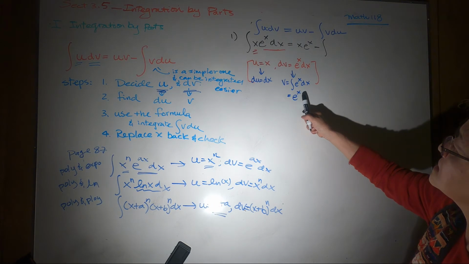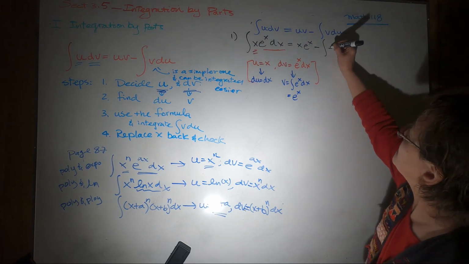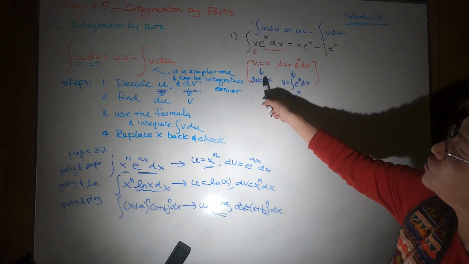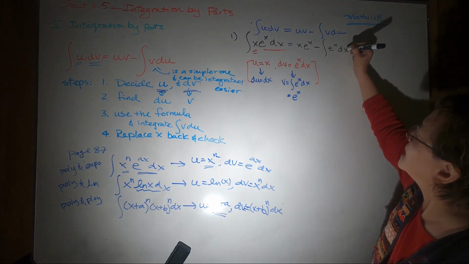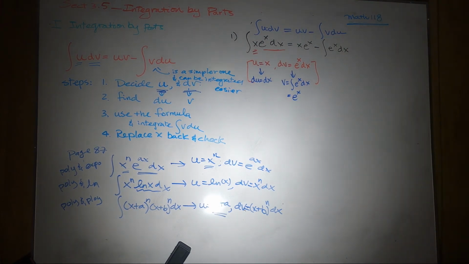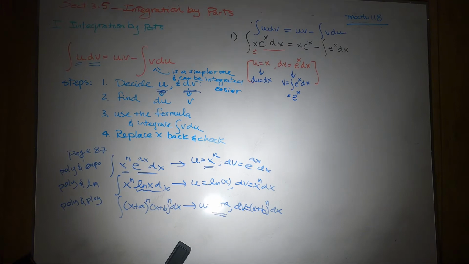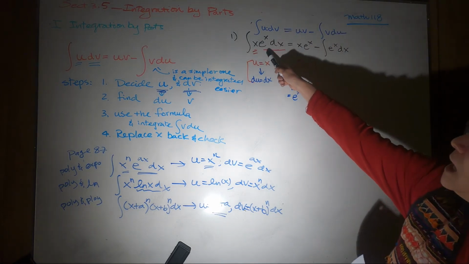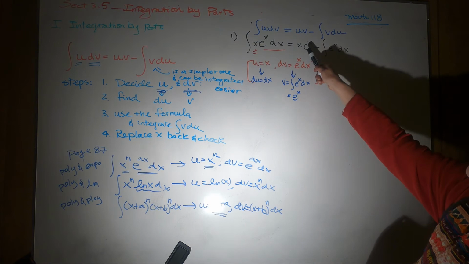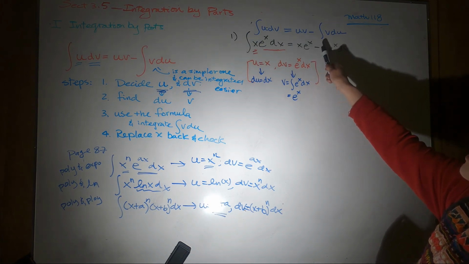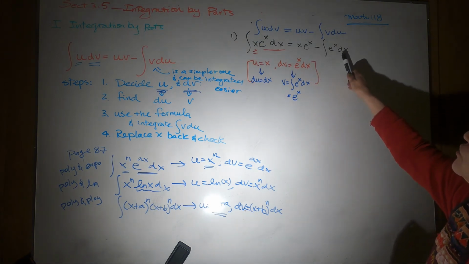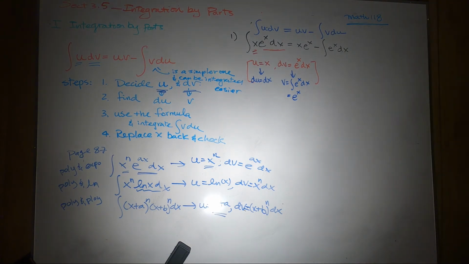E to the x. What's your du? Dx. Is that right? Okay. Then we make this complicated one become something multiplied together minus an integral, and that one is much easier, right?